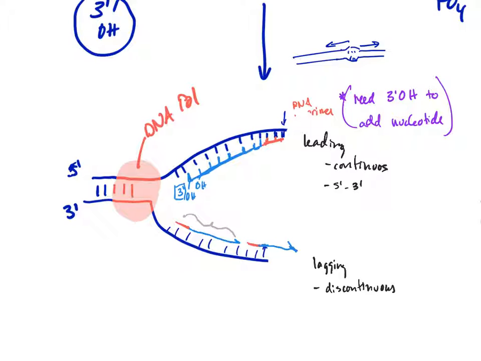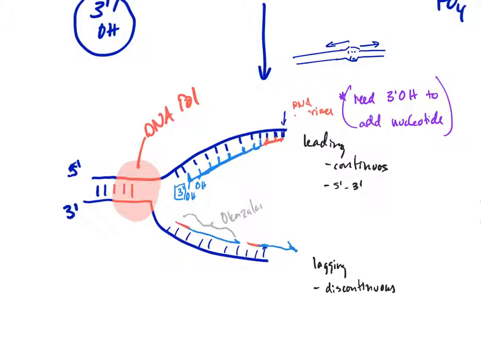This fragment right here is called an Okazaki fragment. So you end up with these 2 strands, and then it will continue to open, and the replication fork will get wider while we're making the 2 strands.